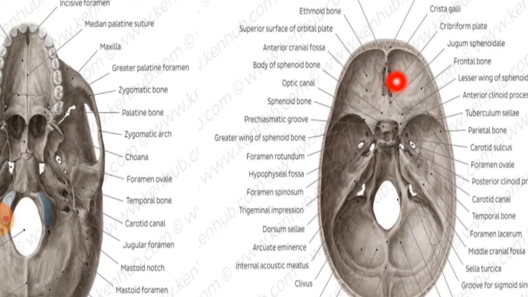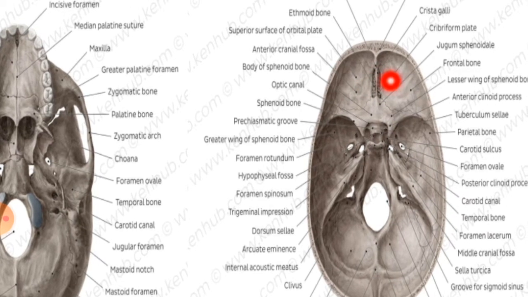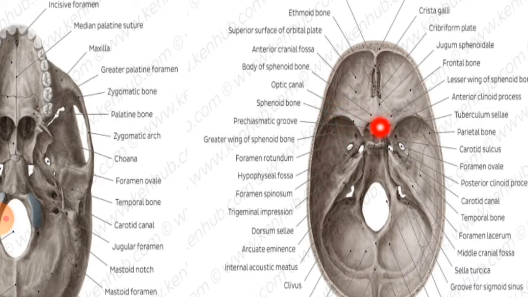This is the crista galli, which gives attachment to the falx cerebri, which divides the hemispheres of the brain. This whole area, which is concave, we call the anterior cranial fossa, because it is concave, so we call it a fossa.